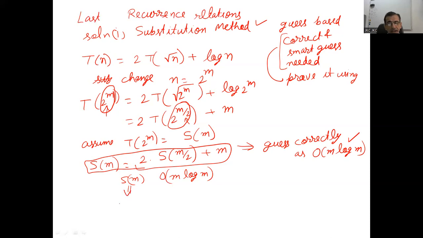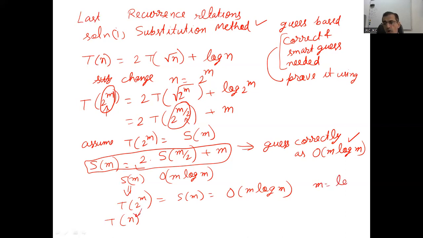Substitute back. Let this be considered as 2 raised to m, so T(2^m) equals S(m), and this I am able to have as m log m. What is m? Now go back towards n. This means m equals log base 2 of n.